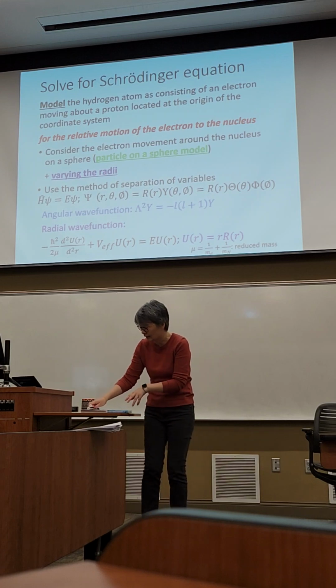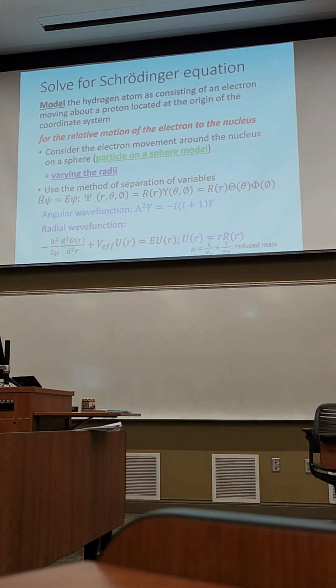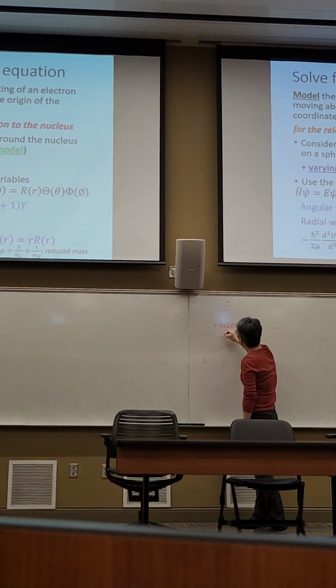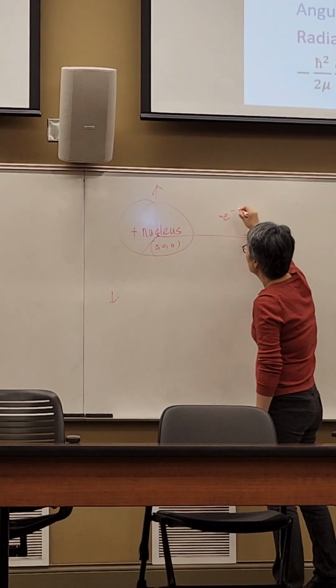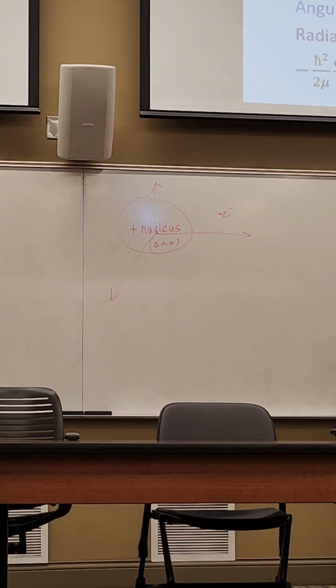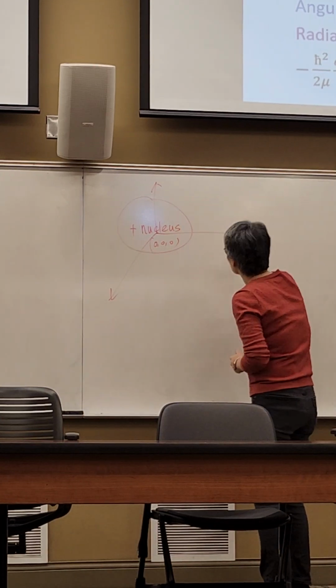All right, I think that's where we ended in the previous lecture. Now we consider the nucleus at the origin of your Cartesian coordinates, and then you're thinking about the electron.